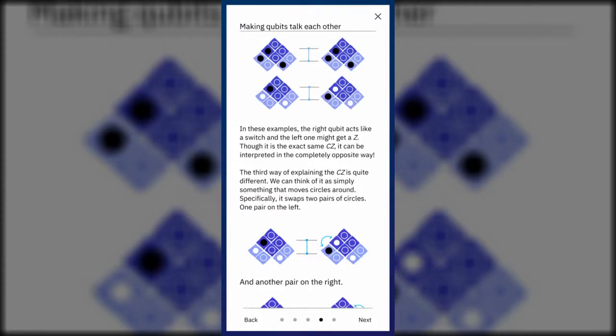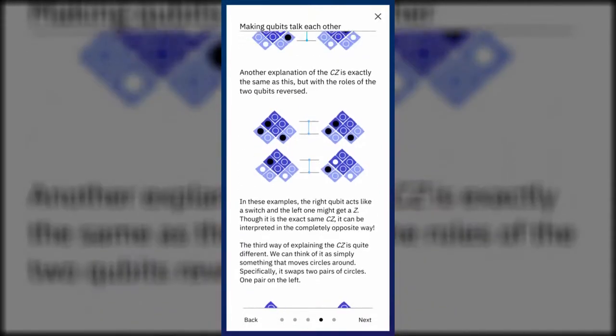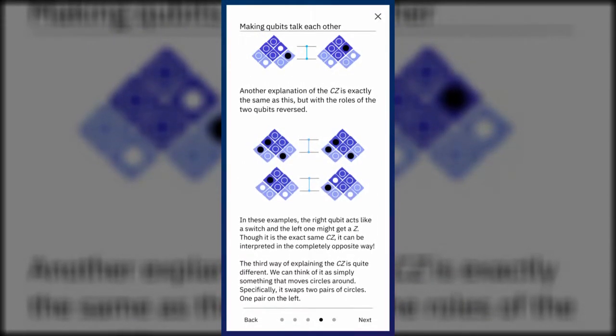It's the same. So though this is the exact same CZ, it can be interpreted in the completely opposite way. Okay, maybe it's not the same.